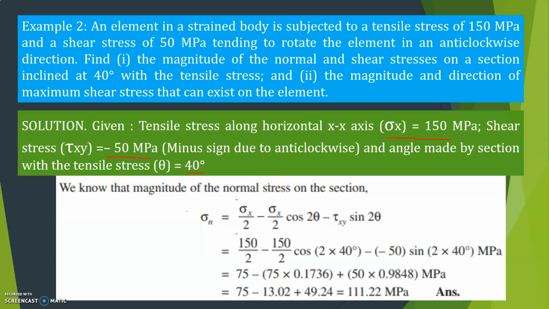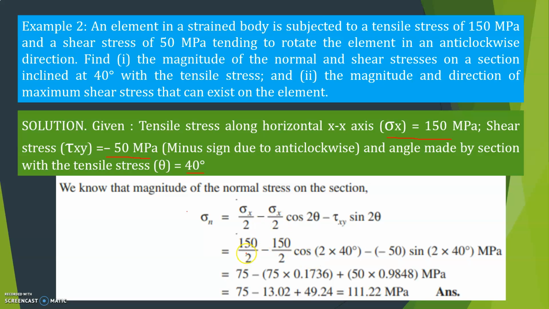Direct substitution. Okay, what is the formula? Sigma n is equal to sigma x divided by 2 minus sigma x divided by 2 into cos 2 theta minus tau xy into sin 2 theta. So here no need to explain. You have to directly substitute the values and you will get the answer.